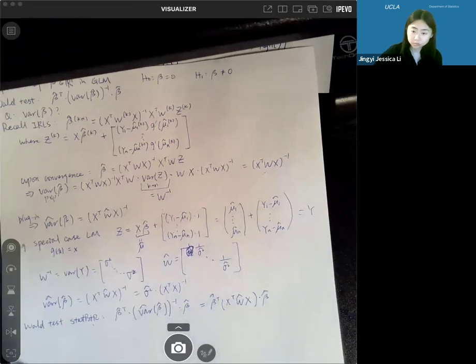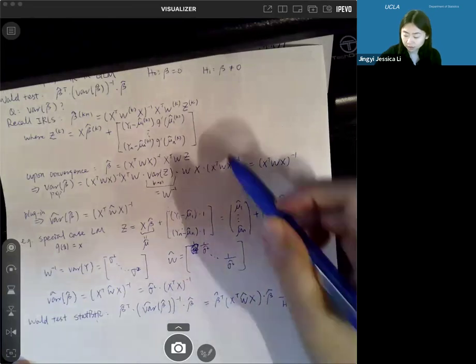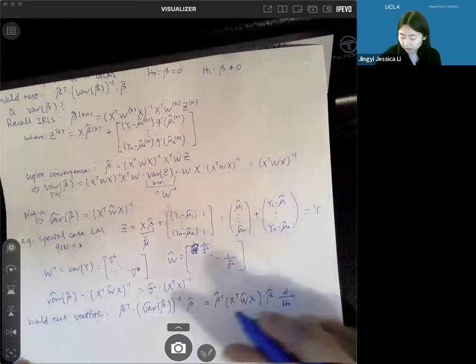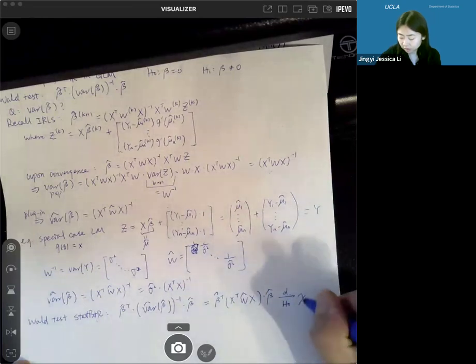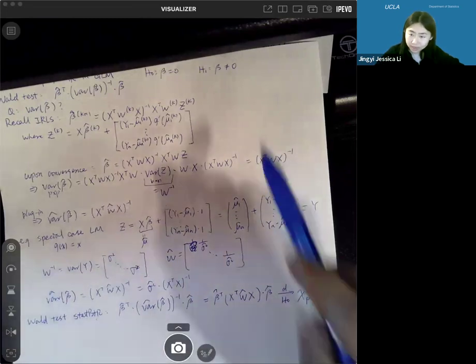And then for this Wald test statistic, under the H0, which is beta equals 0, asymptotically, this converges to a chi-square distribution with p degrees of freedom. And here we are comparing this model, GLM, which has p parameters, with a null model, which has beta set to 0.